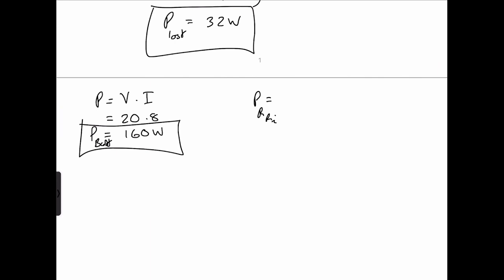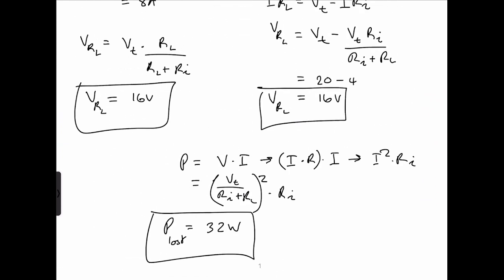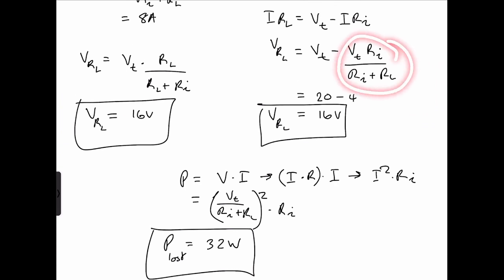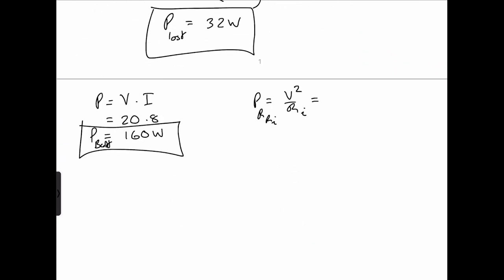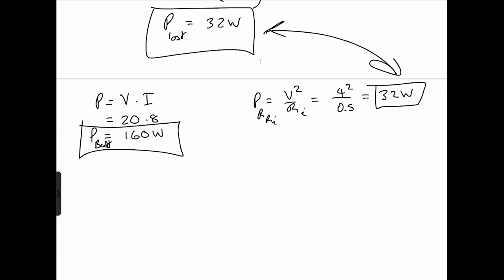We're going to use V squared divided by Ri, and we know that the voltage drop across the internal resistance is 4 volts. So we have 4 squared divided by 0.5 ohms, which gives 32 watts. So we can see that both of these match up.